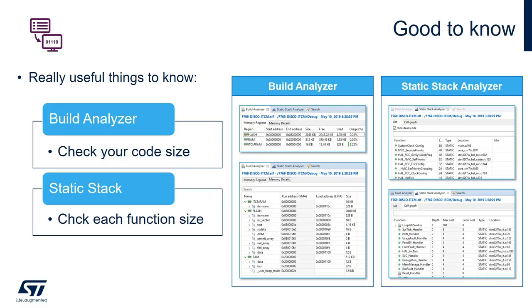That will be shown in the build analyzer, and the static stack analyzer will explode this view and tell you, on this given source file, you're consuming this amount of Flash, and even further, from this particular source file, you have these functions, and each one of those functions consumes this other amount of Flash. So this is valuable information if you ever need to optimize your code.